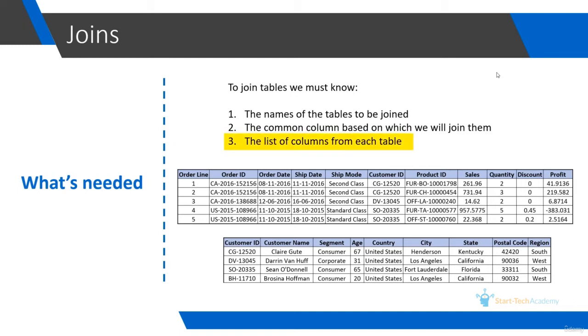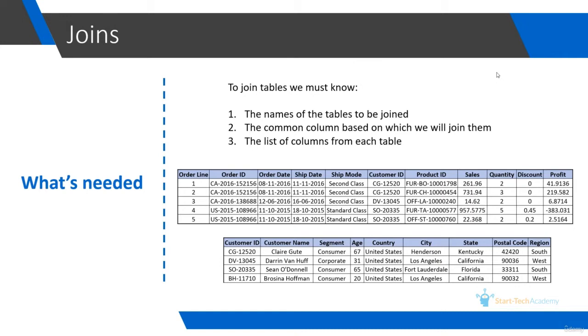Lastly, we need the list of columns that we want from each table in our joint data. Suppose we are trying to find out region-wise sales. We can choose to have all columns from both tables, or we can choose which columns we want from each table.